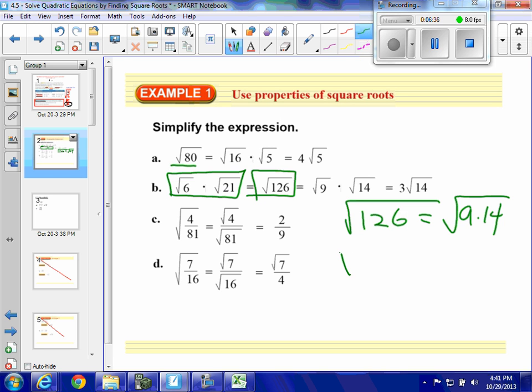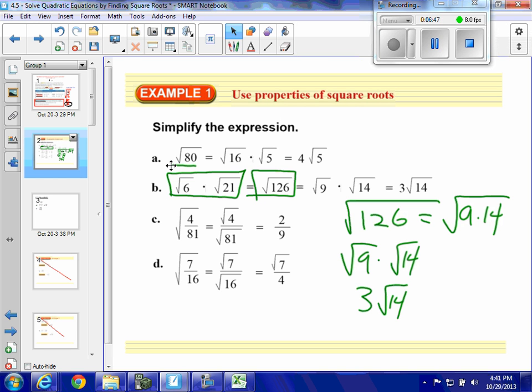That's equal to radical 9 times radical 14, which is equal to 3 times radical 14. Now, of course, I knew that 126 was 9 times 14 because I'm sitting here looking at it right on the screen.